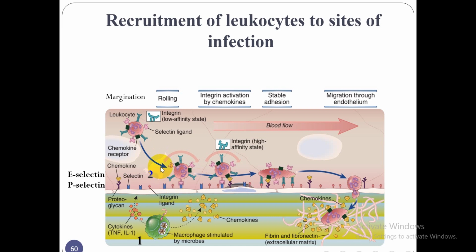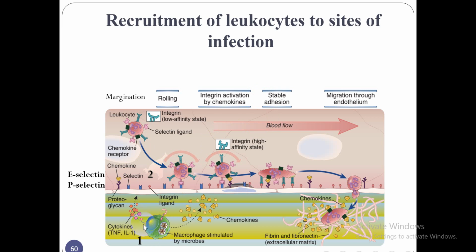The affinity of selectin and selectin ligand is low, and this interaction of selectin and selectin ligand could be detached by blood flow. So the leukocytes roll on the surface of endothelial cells.